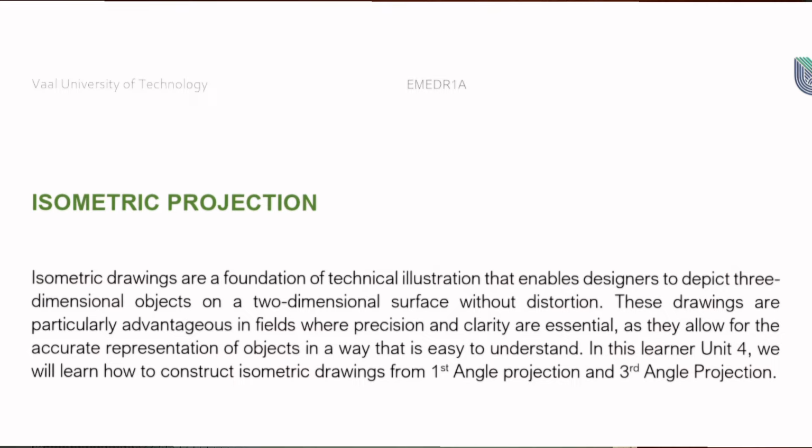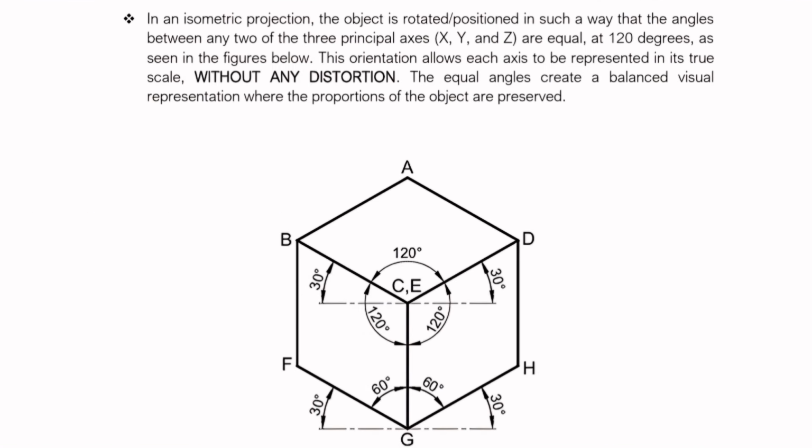This is what they call the 120 degrees rule. This orientation allows each axis to be represented in its true scale without any distortion. The equal angles create a balanced visual representation where the proportions of the object are preserved, right?